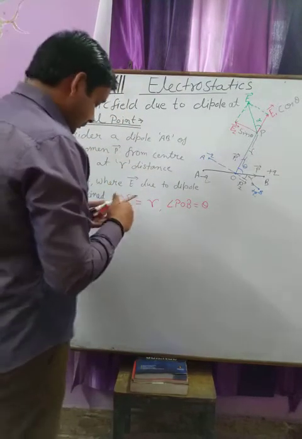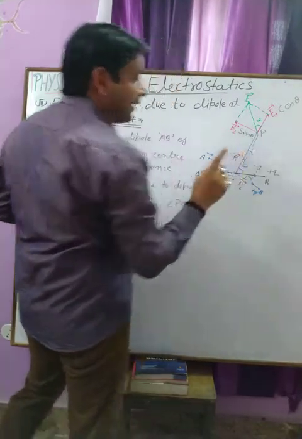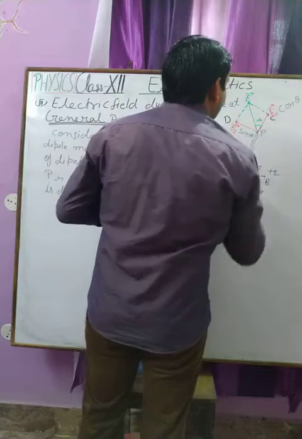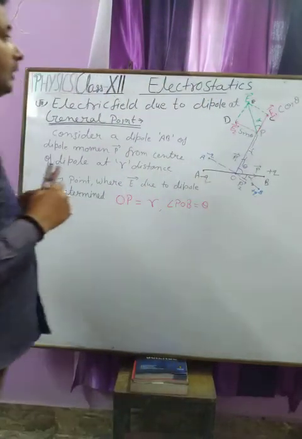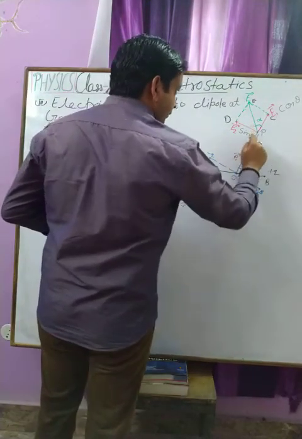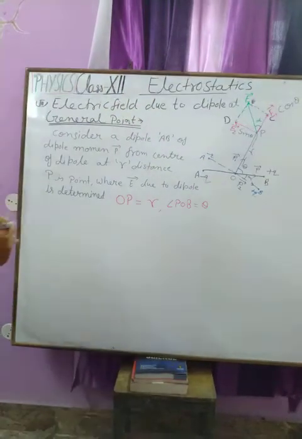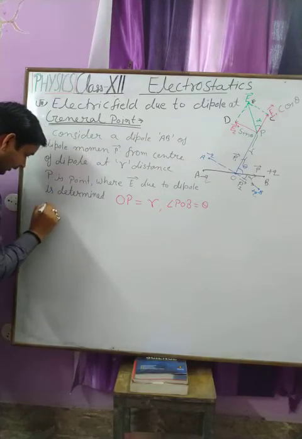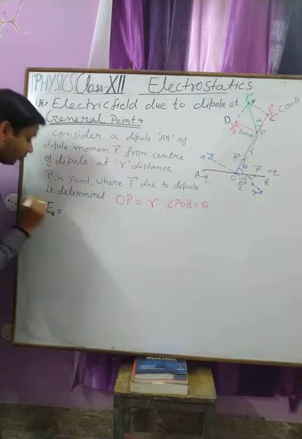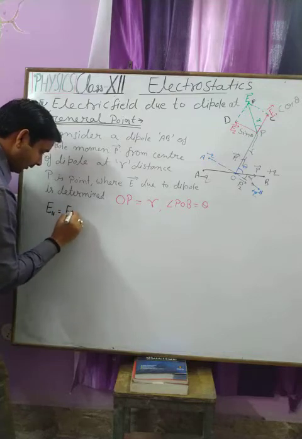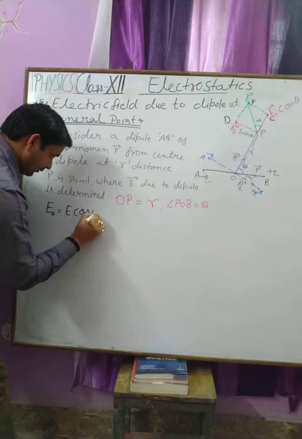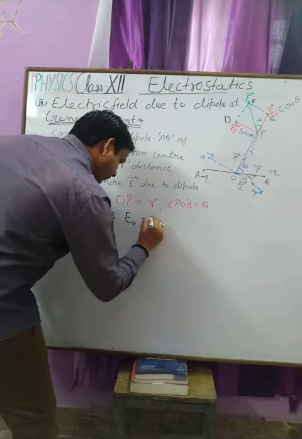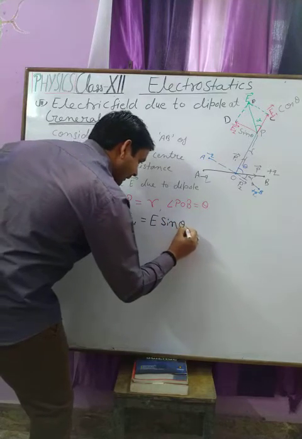Now by using the electric field components in the direction of the rectangular components of the rectangle PDEC, we are getting the horizontal component of the electric field as E cos theta, and the vertical component E sin theta.